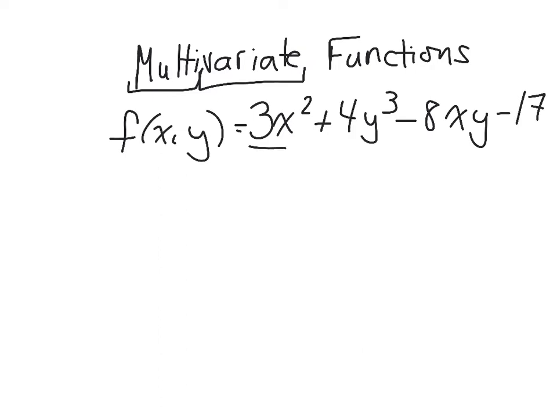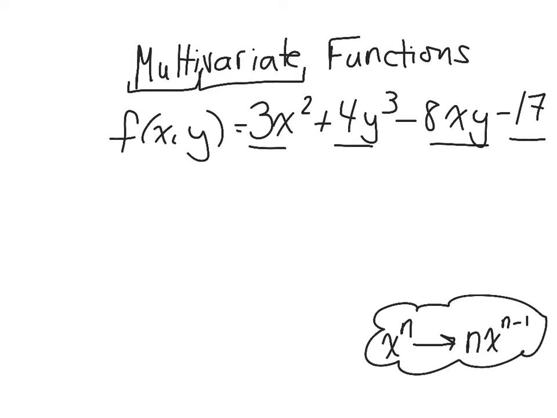So we have 4 terms, and we see no e, no ln, and basically we're looking at 4 terms that are added or subtracted together. So we have sum and difference rule and power rule. So I'm going to put this down on the bottom. Remember the power rule, x to the n, the derivative is nx to the n minus 1. Okay, so nothing's changed. We're still going to apply that rule.